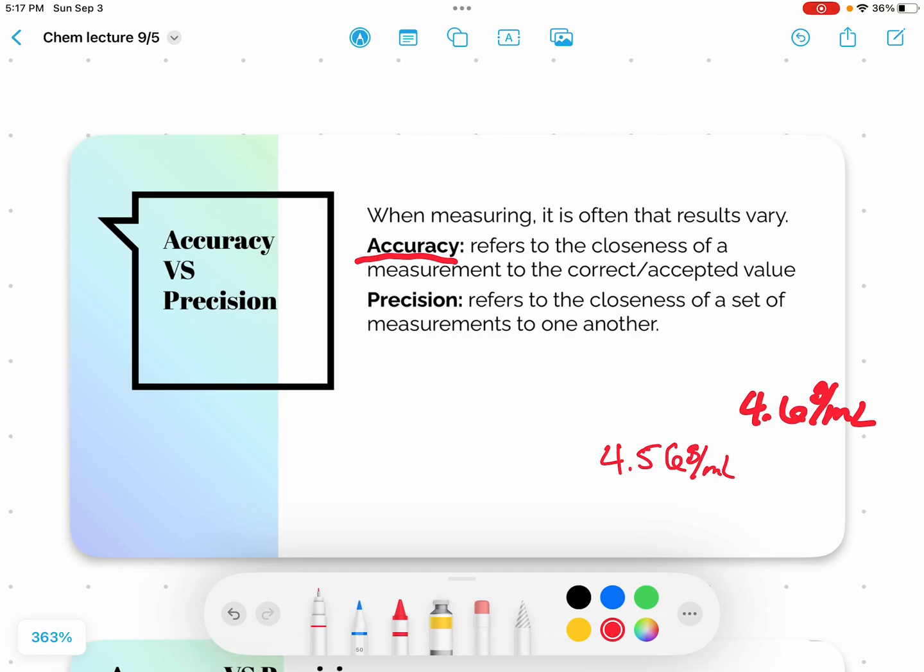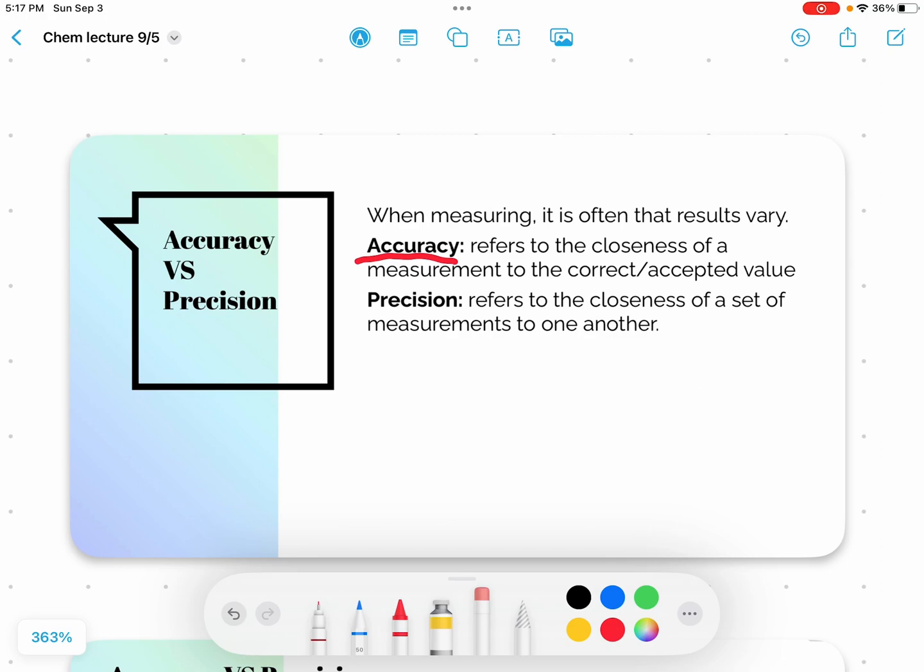Well, that's pretty accurate because they're pretty close to the same number. If we got something more like 4.2 grams per milliliter, that accuracy starts to decrease. It's getting a little bit further away, so we can't say it's that accurate of a measurement.